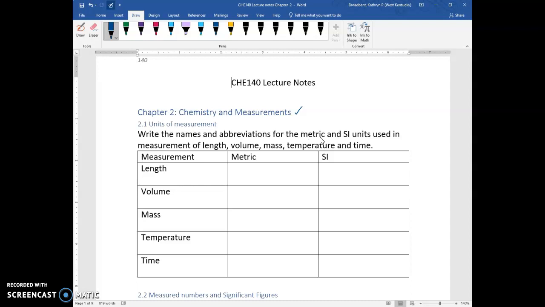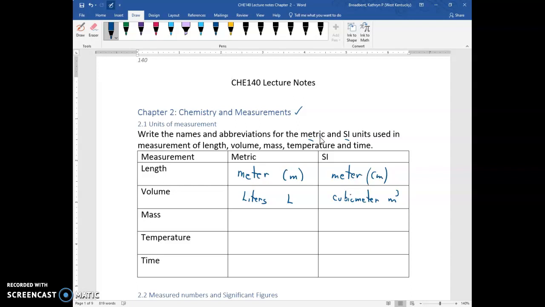We're going to be using metric and System International units, the SI units. So length is going to be measured in meters in both cases, and it's abbreviated with a small m. Volume is going to be measured in liters, capital L, or in cubic meters. And that's m cubed.